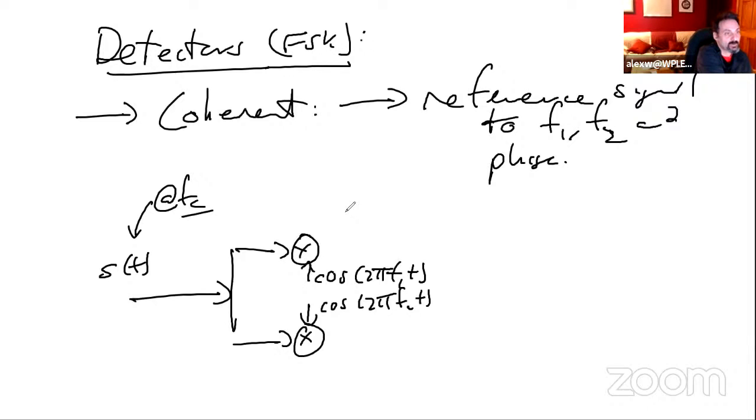No, wait, let me double check. For FSK, what you could do, the critical element here is F1 and F2. So what you want to do is bring this thing down. Now, if you do that, what do you have?